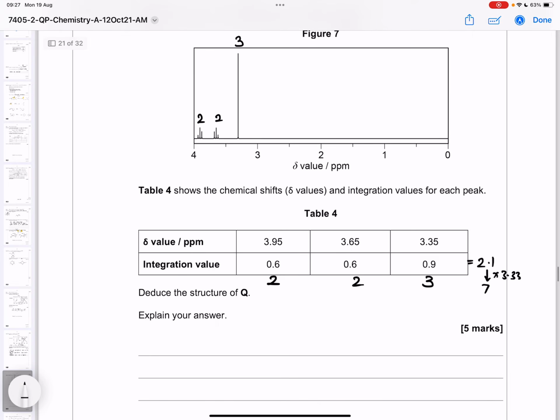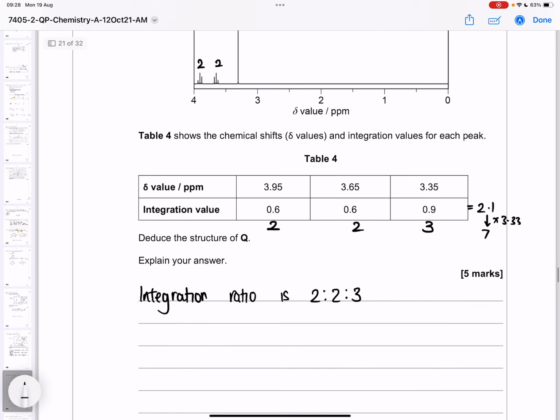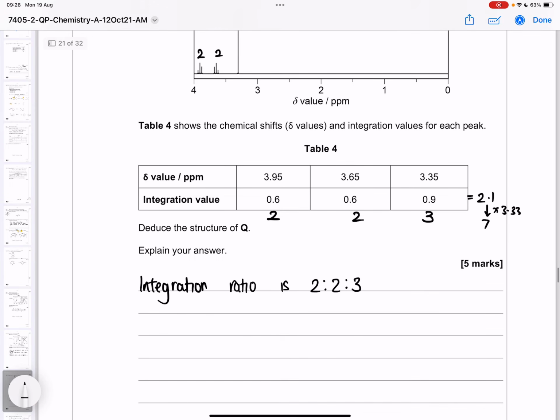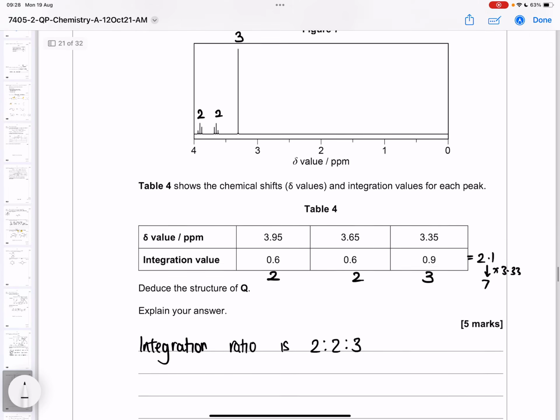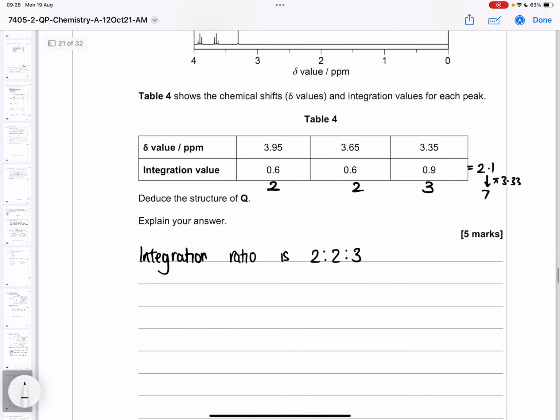Okay, so let's write that down. The integration ratio is 2 to 2 to 3, not 0.6 to 0.6 to 0.9. And then let's take each peak in turn. I'm going to start at what I call the interesting end. The left-hand side is the more interesting end.